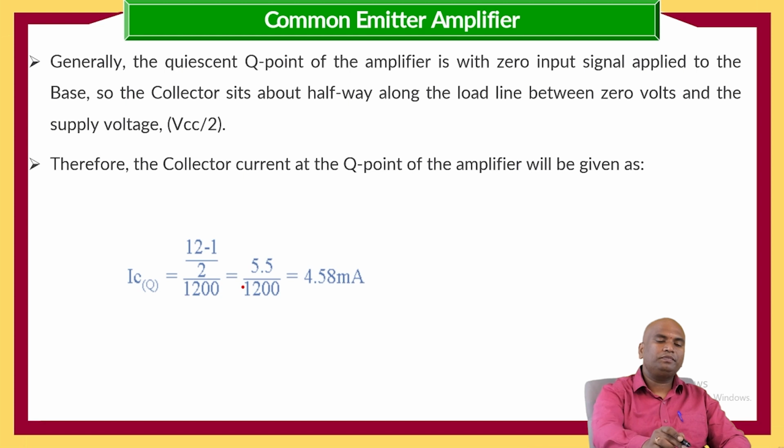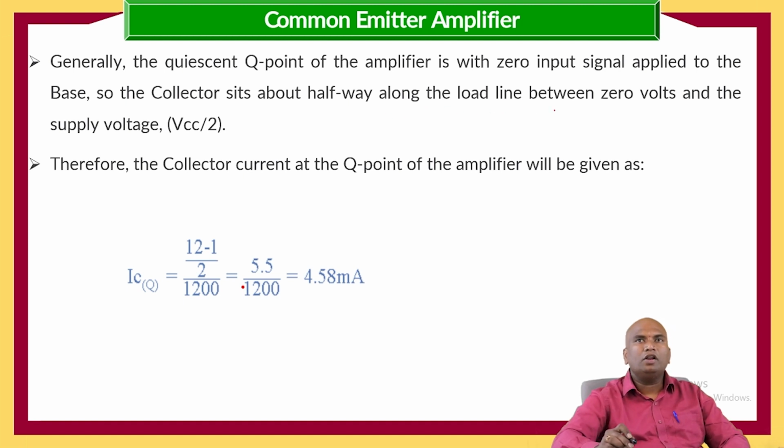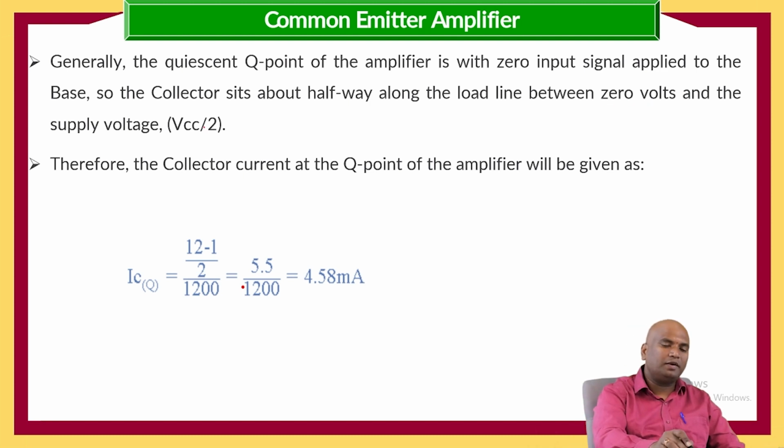Generally the quiescent point of the amplifier is with zero input signal applied to the base. So the collector sits about halfway along the load line. Here the Q point VCE is taken as VCC by 2, halfway between 0 volts and the supply voltage.